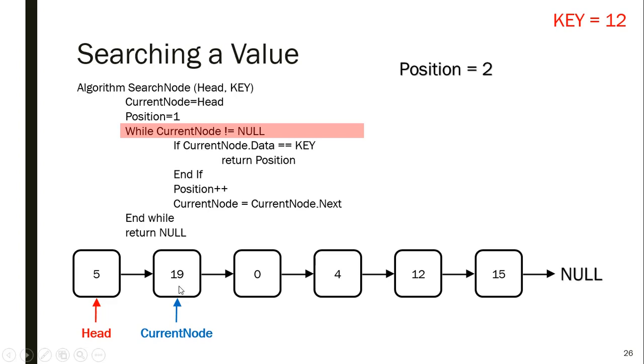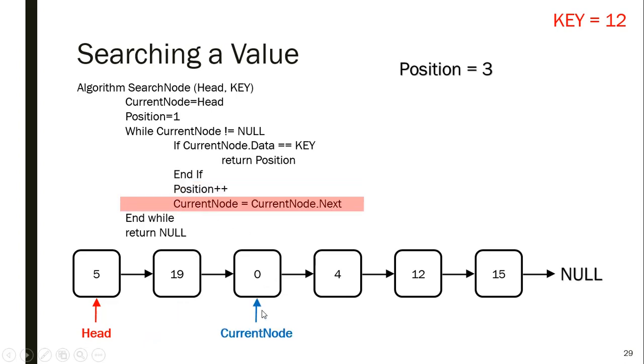Again we will check the condition. Current node is not null. Current node dot data is compared to key. 19 is not equal to 12, so it will not return this position. It will increment the position to 3, and current node will move here.